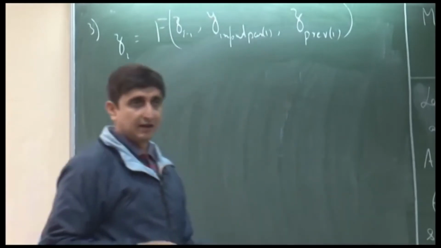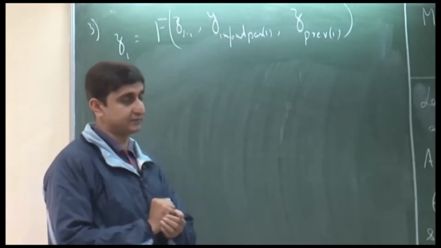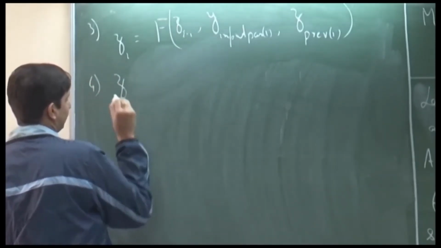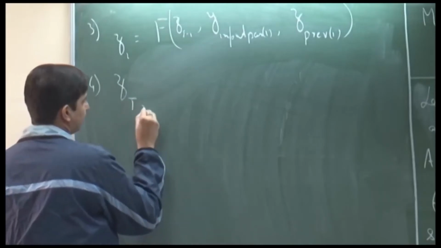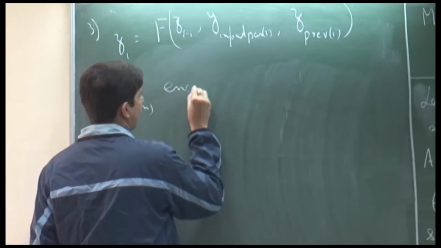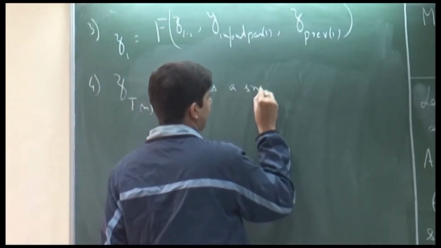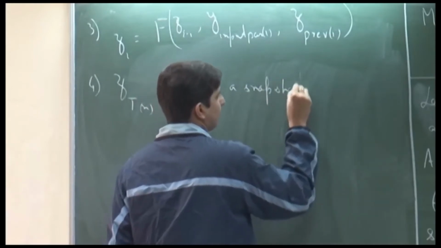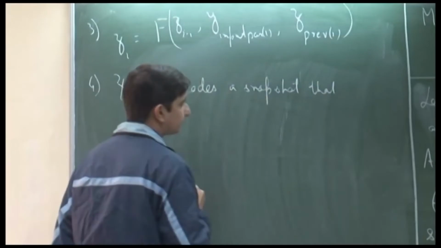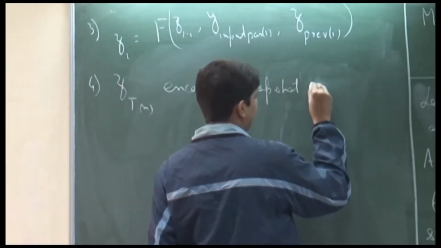Again, this is checking a certain equality of certain Boolean strings. And finally, we need to check whether Z t of n encodes a snapshot with an accepting configuration or with an accepting state.